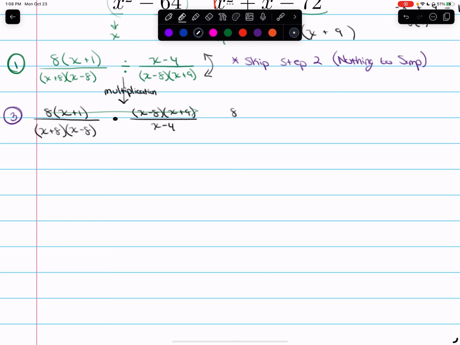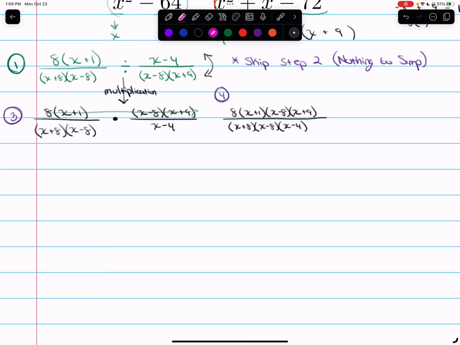So I have 8 times x plus 1 times x minus 8 times x plus 9 over x plus 8, x minus 8, x minus 4. Okay, that is our step 4, smooshing everything together.